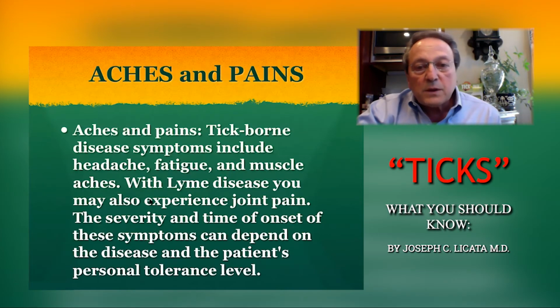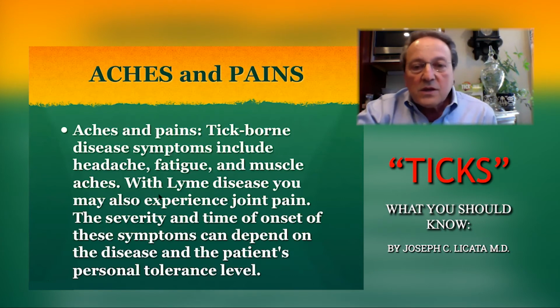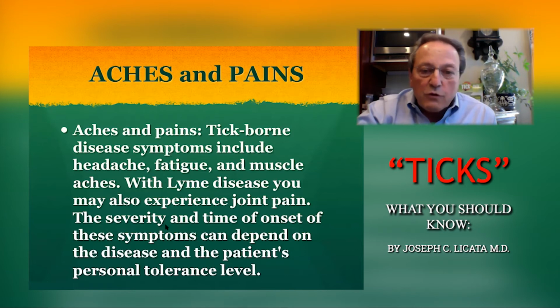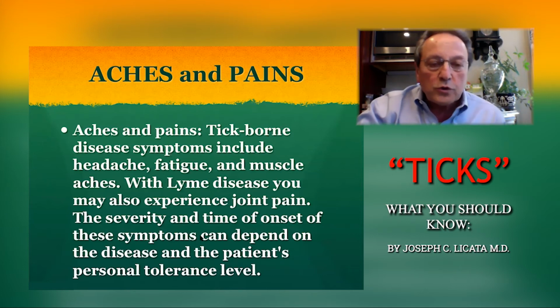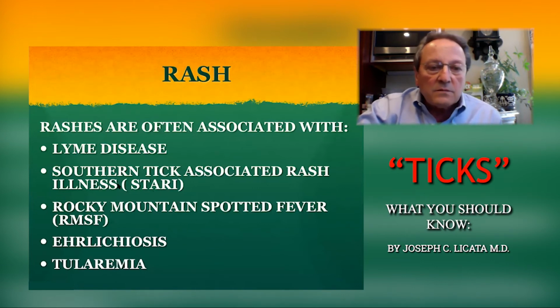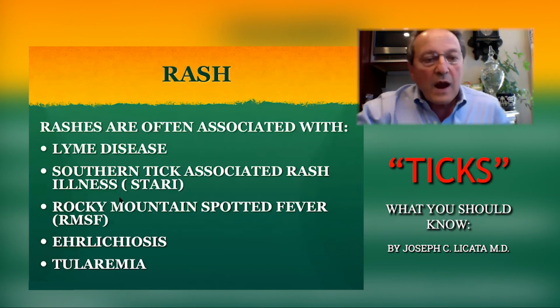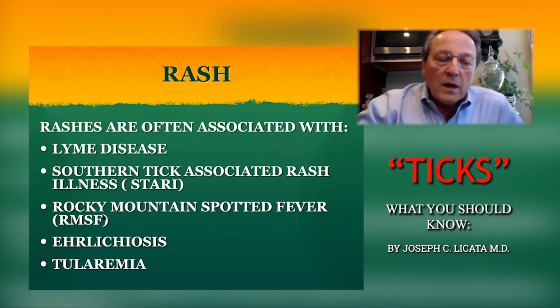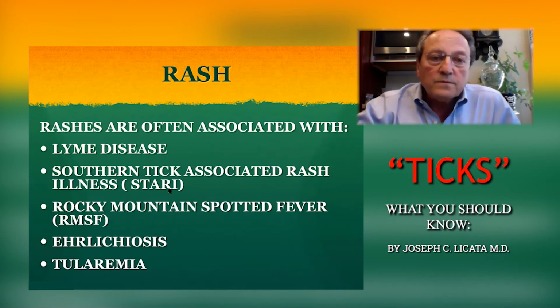Symptoms include headache, fatigue, and muscle aches. With Lyme disease, you may experience joint pain. The severity and the time of onset of these symptoms can depend on the disease and the patient's personal tolerance level. Rashes are often associated with Lyme disease, southern tick-associated rash illness, Rocky Mountain spotted fever, ehrlichiosis, and tularemia.